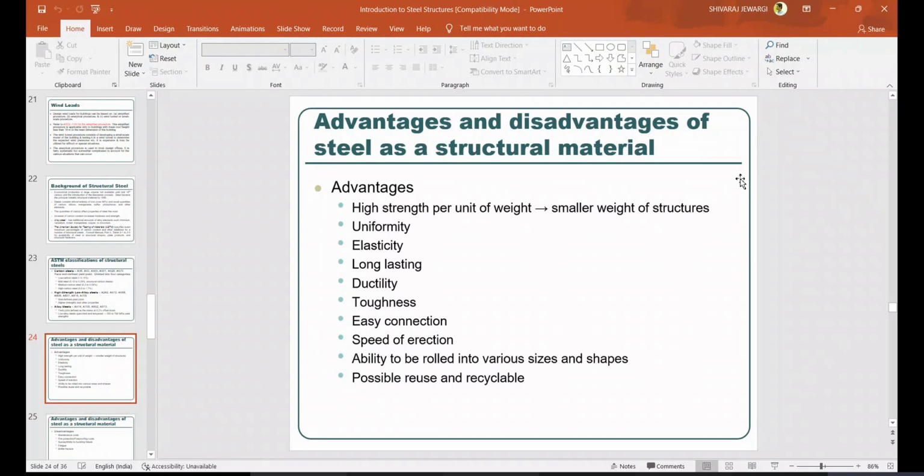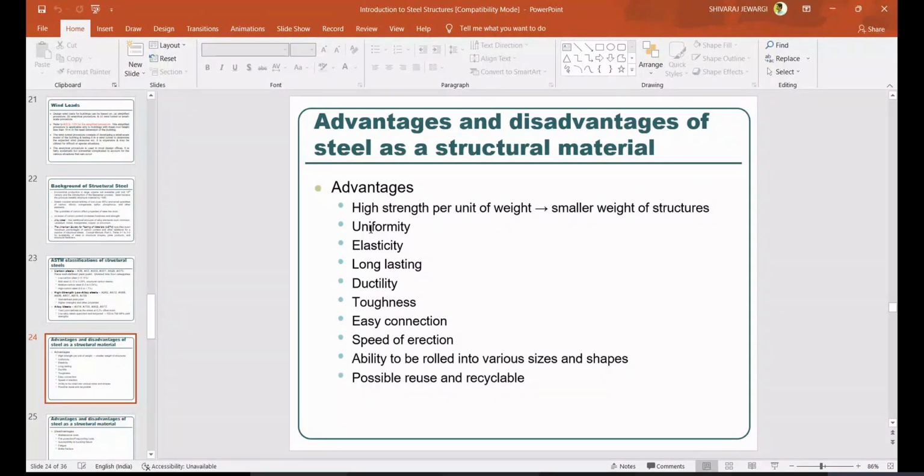Yes, coming to the advantages of steel structures, there are plenty of advantages of using steel as a structural element, right? We'll see them one by one. The first one is that steel has a very high strength to weight ratio, which means the dead weight of the steel structure is relatively small.